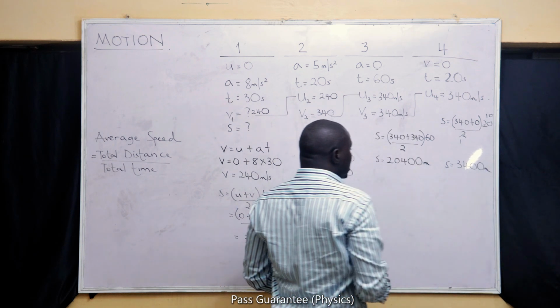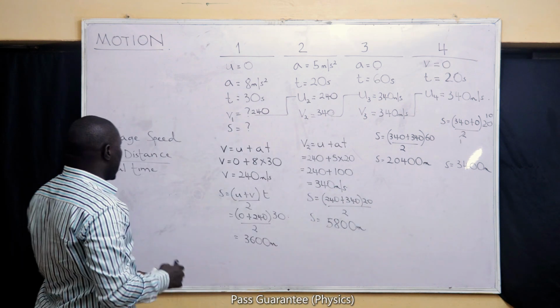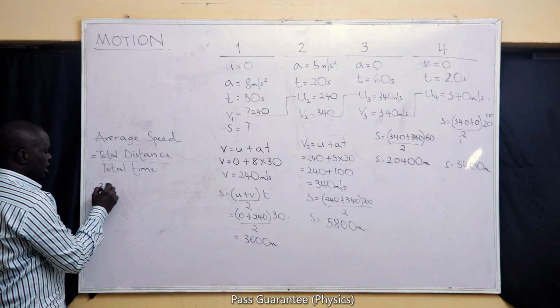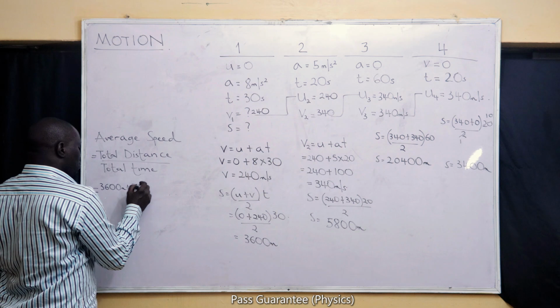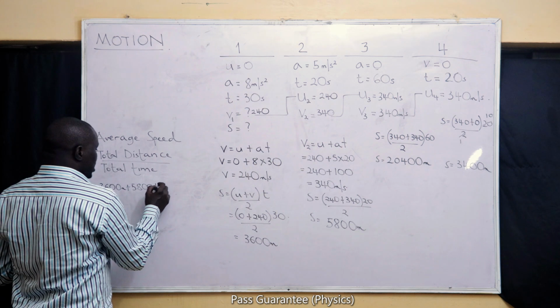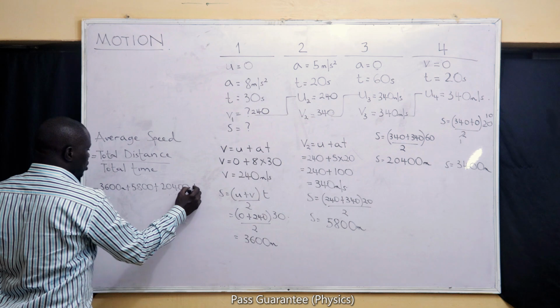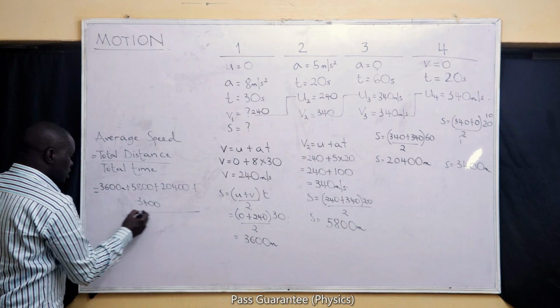So now that I know the distance for the first part, the second part, the third part, and the fourth part, I can find the total distance by adding 3,600, plus 5,800, plus 20,400, plus 3,400. And I can divide through by the total time.